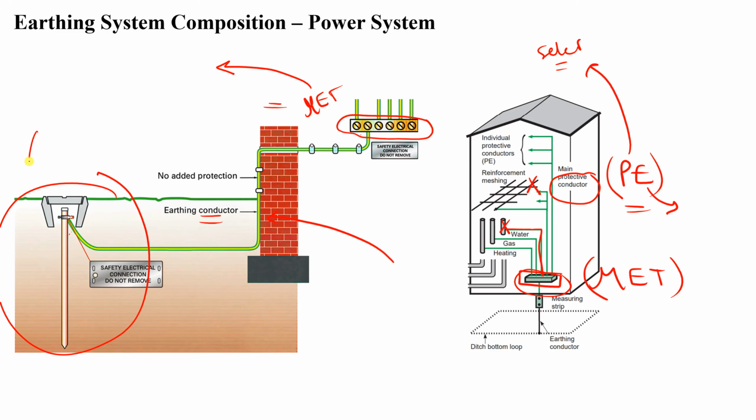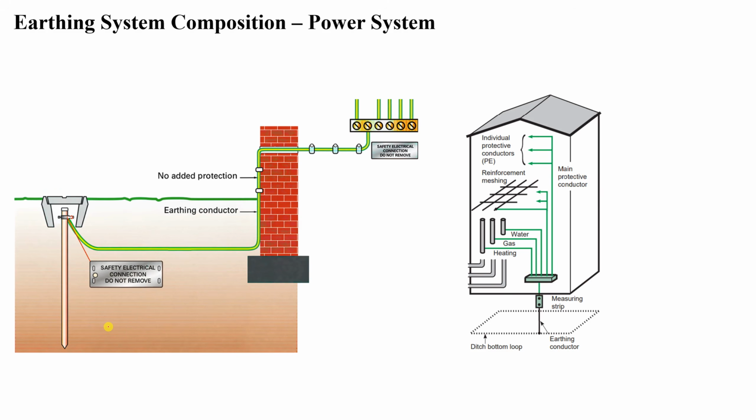Then we also want to learn what each of these electrodes looks like: the different types of electrodes, vertical and horizontal, their mathematical equations, the factors affecting them, their resistance, and also the grounding resistance. What does ground resistance even mean? The soil resistivity, all of these factors affect our earthing electrode network or earthing resistance, because in the end we want to achieve a certain resistance, let's say 10 ohms, or a resistance between 1 and 5.